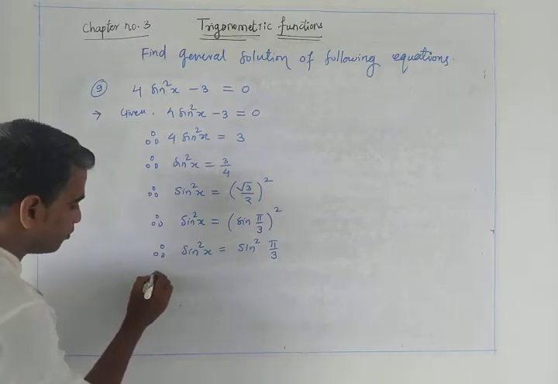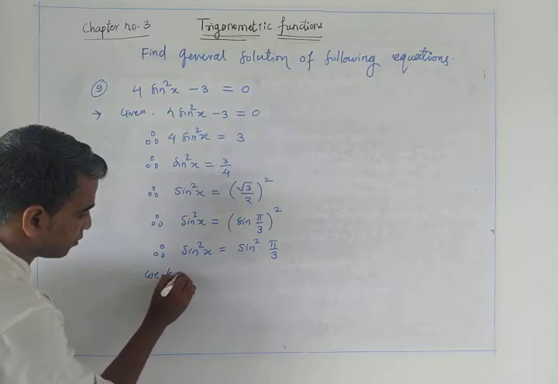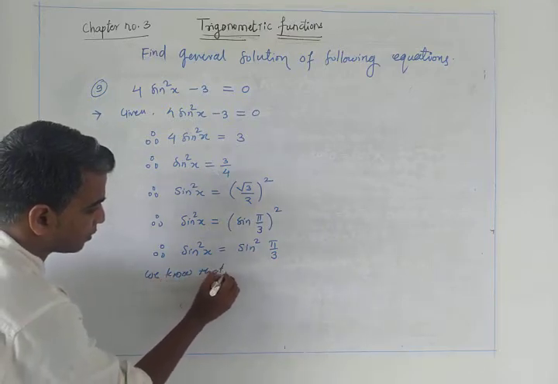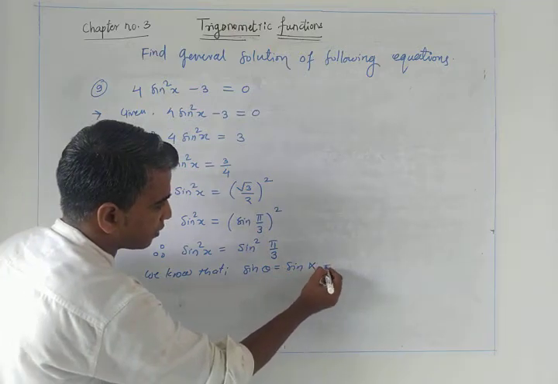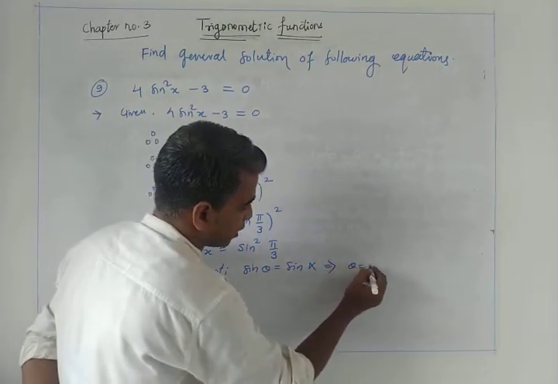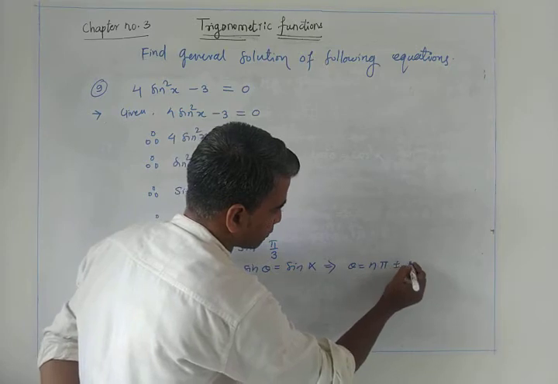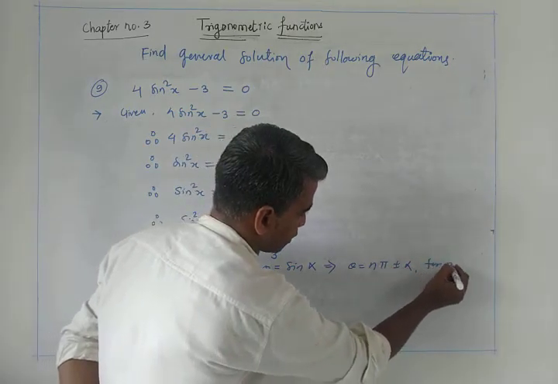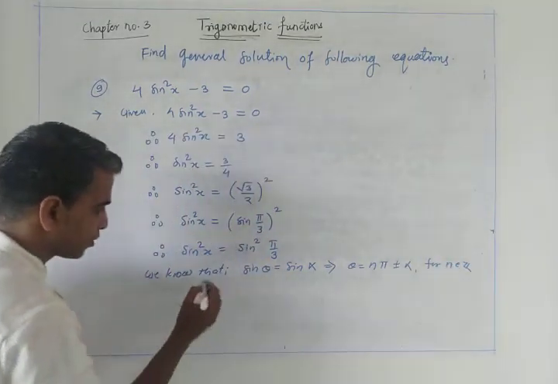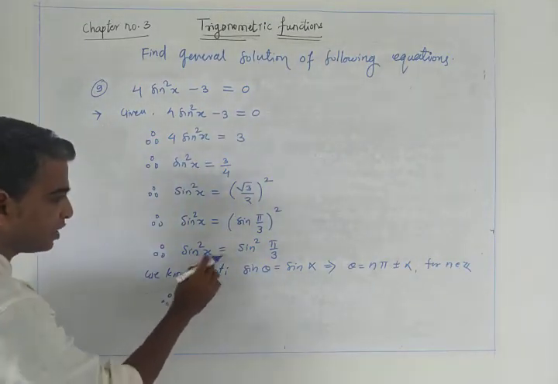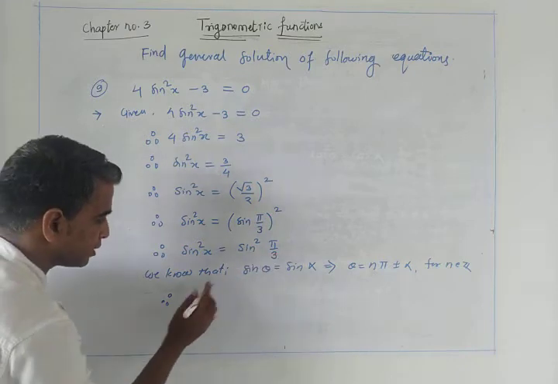And now we are going to use the formula. We know that sine theta is equal to sine alpha implies theta is equal to n pi plus minus alpha for n belong to z. So respectively in that formula, the value of theta is x and the value of alpha is pi by 3.